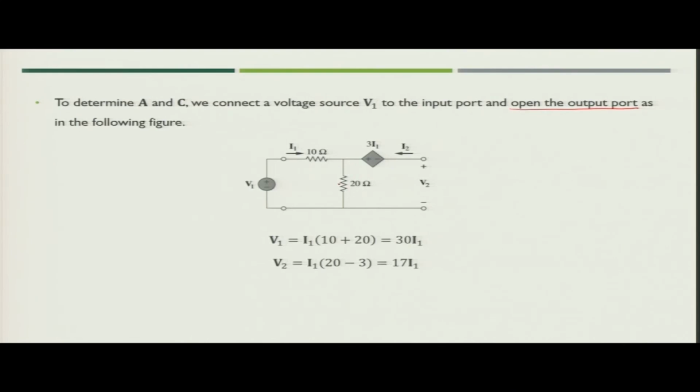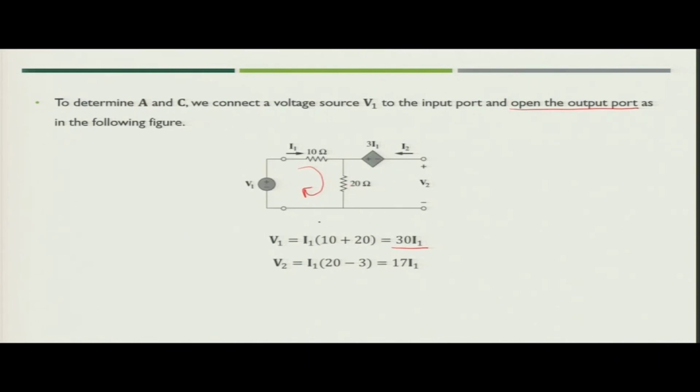From this figure, I1 is flowing in this particular loop, so you can simply say V1 is equal to I1 into 10 plus I1 into 20. So, V1 you will get in terms of I1 as 30 I1. Similarly, for V2, what will you write? V2 is applied across the dependent voltage source as well as across the 20 ohm resistance.